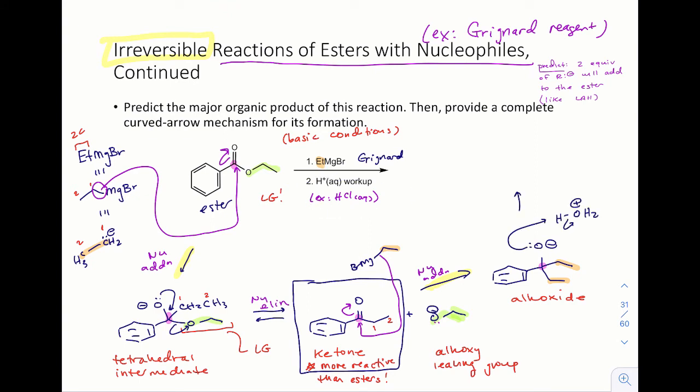Protonation of the alkoxide with aqueous acid generates the final tertiary alcohol product, where indeed, as we predicted, two equivalents of the Grignard reagent have added. So sometimes you'll see excess listed for the Grignard reagent for these transformations.